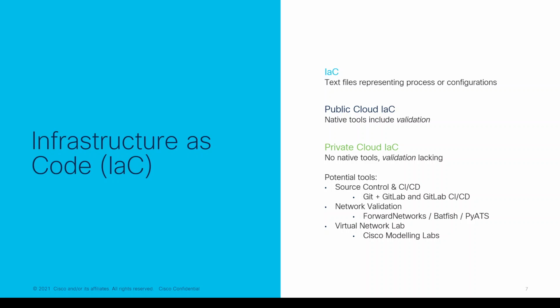All right, that's a good talk about tools and skills. So now we're going to leverage that for a quick conversation about infrastructure as code. And it's important to recognize that any of the previously listed tools that leverage text files, which contain a representation of either process or device configuration, and therefore can be checked into source control, should be understood to be infrastructure as code.